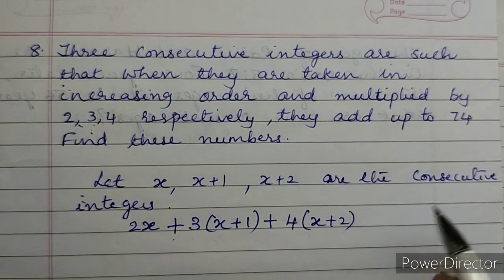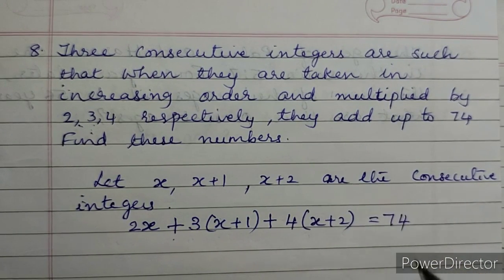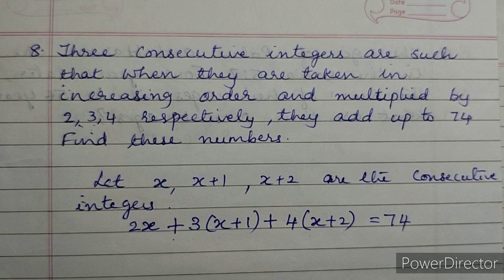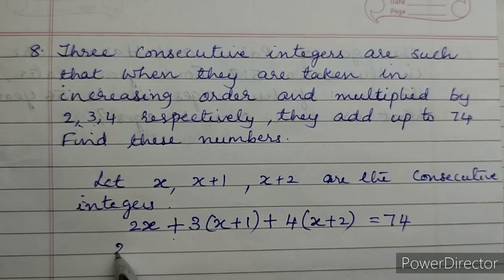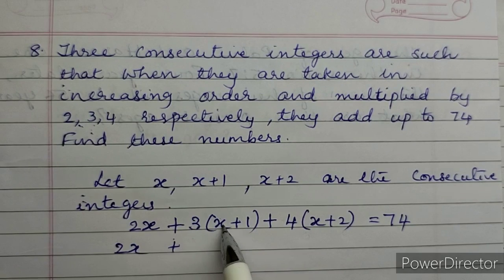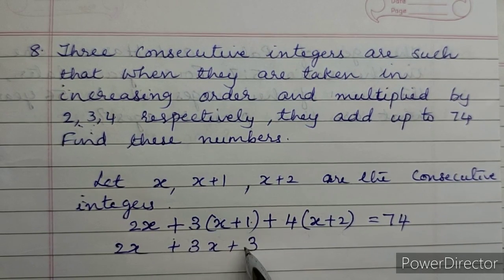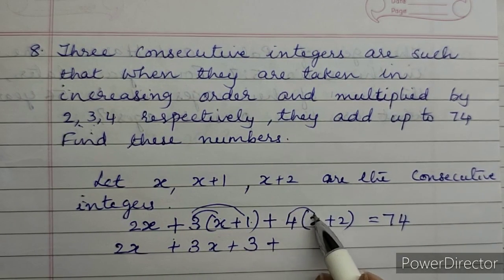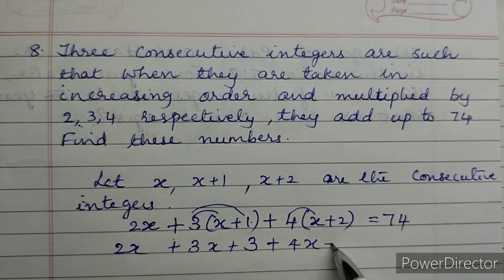Together they add up to 74. Now you just simplify that. 2x plus 3 into x, 3x, plus 3 into 1, 3. Like this it is, plus 4 into x, 4x, plus 4 into 2, it is 8, equals 74.